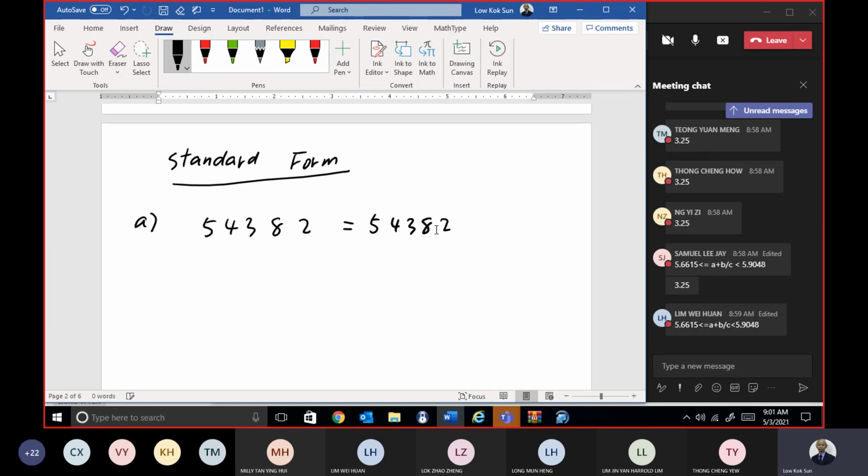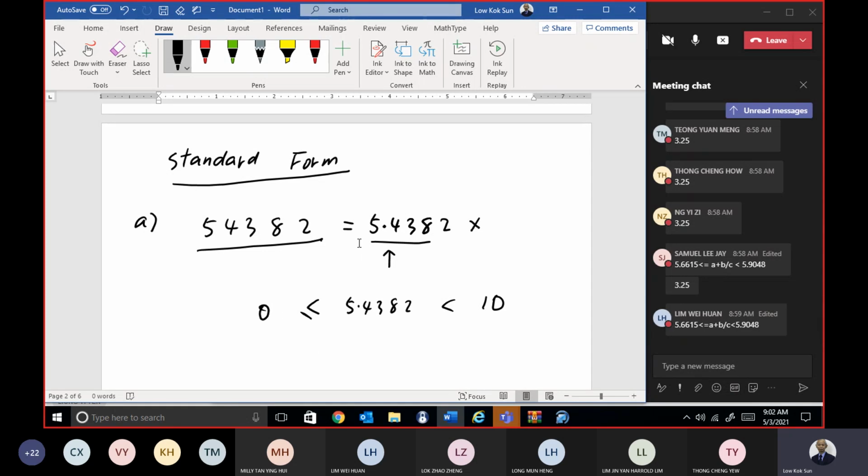Now, what do you mean by standard form? Standard form is to make sure that the number we have is expressed in this form, where the front number must be less than 10 and more than or equal to 0.